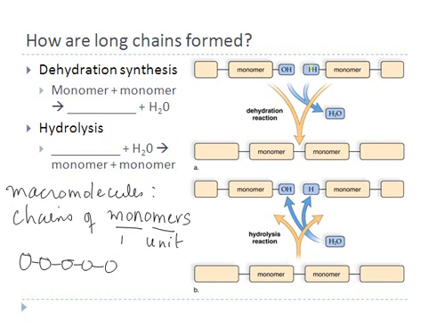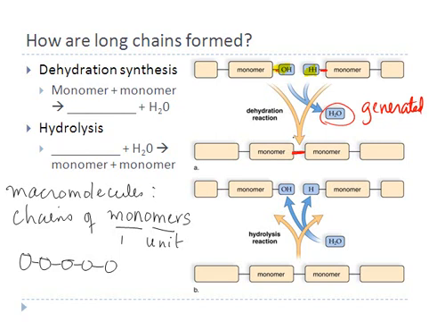Each monomer would have a hydrogen on one end and an OH on the other monomer, which will then form the water molecule. The water molecule is actually more like a waste. It's generated, and the generation of one water molecule will link these molecules on these ends together as a new bond.